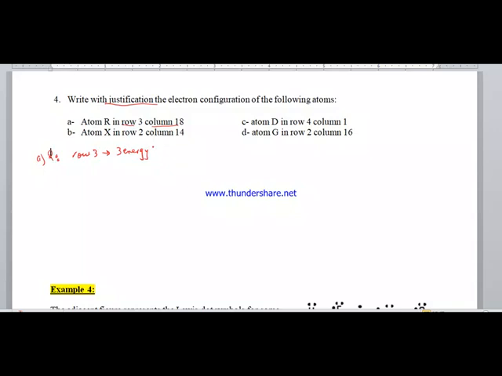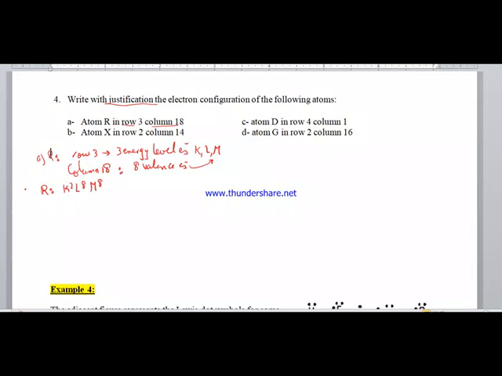Levels occupied by electrons, which are K, L, and M. Column 18 means there are 8 valence electrons, 8 valence electrons on the last energy level M. So the electron configuration of R is K2 L8 M8.